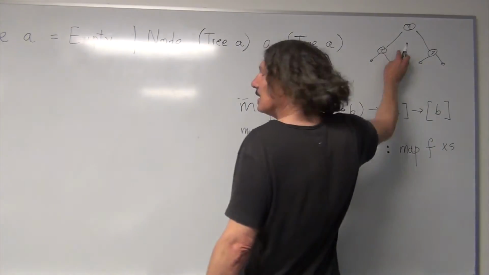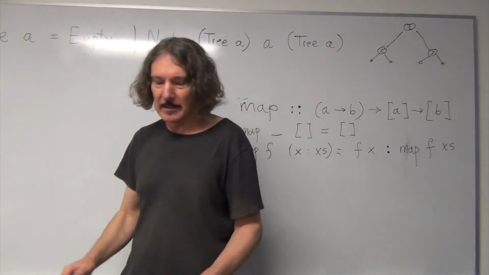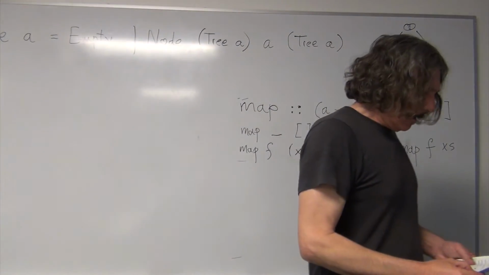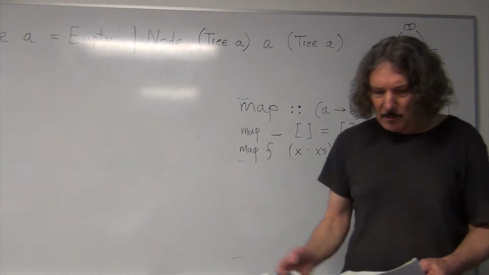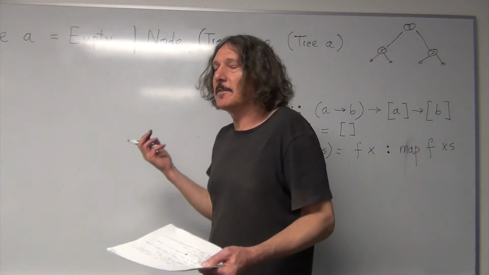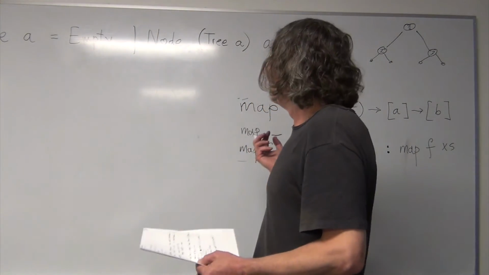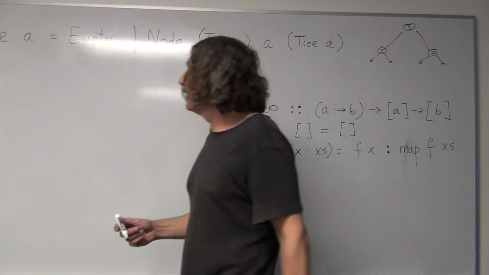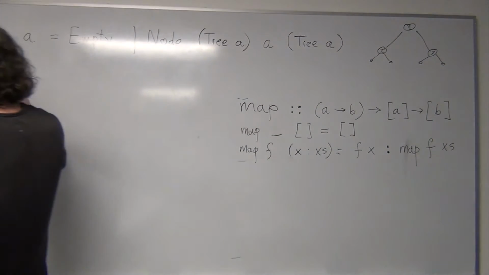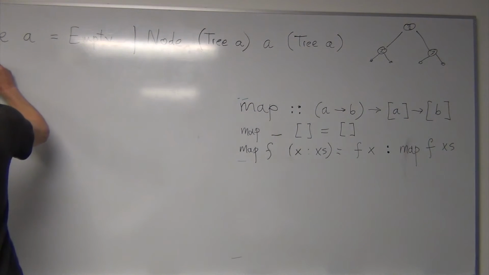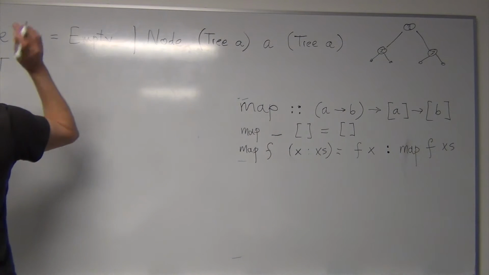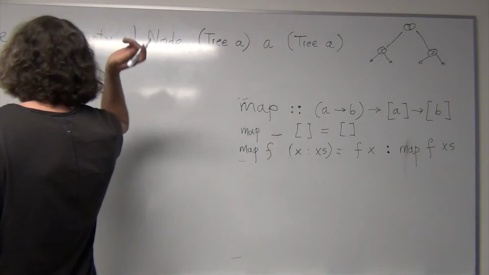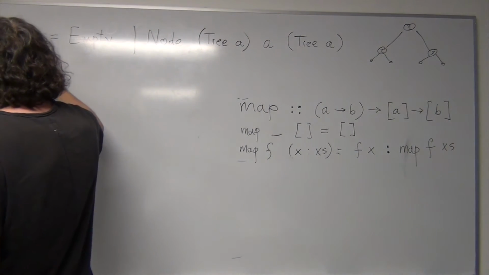Now this is a perfectly balanced tree, but in general they are not. So, how do we define a function? Let's define a function sum. Let's call it sum t, that takes a tree.